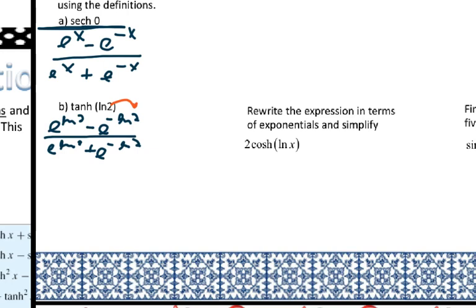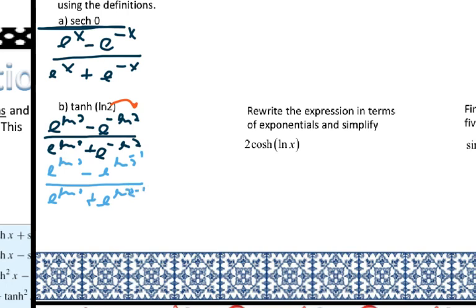I'll write one more step so that we're clear what's going on. We have e to the natural log of 2 minus e to the natural log of 2 to the negative 1, all over e to the natural log of 2 plus e to the natural log of 2 to the negative 1.